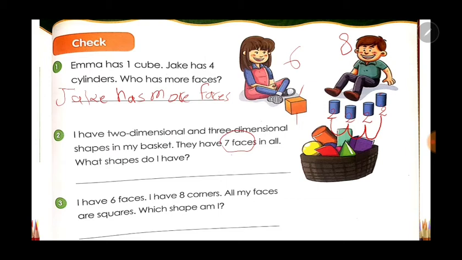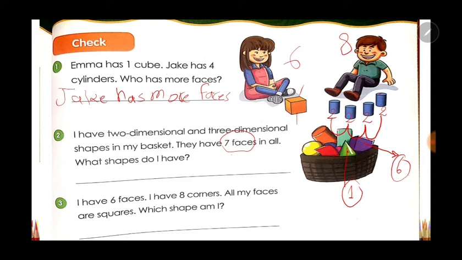I can see a cone. So the cone has 1 face. Here I can see the cube. The cube has, excellent, 6 faces.